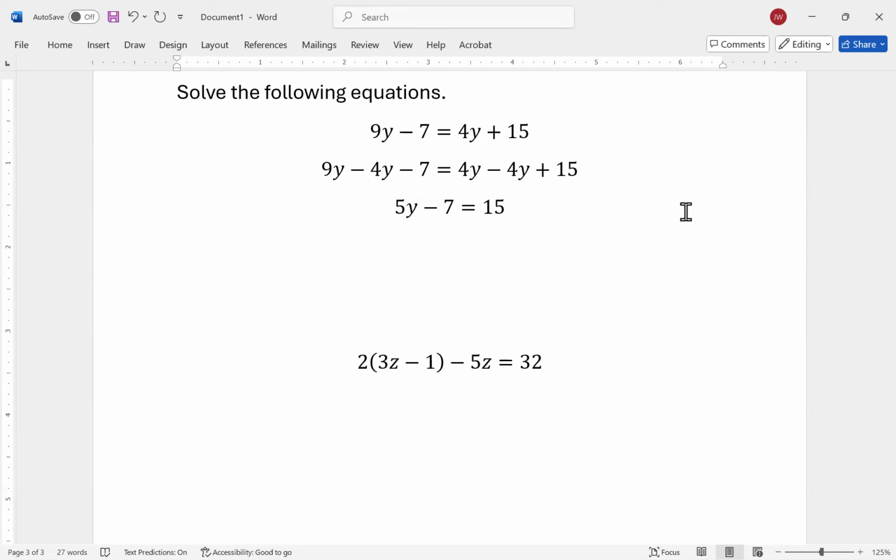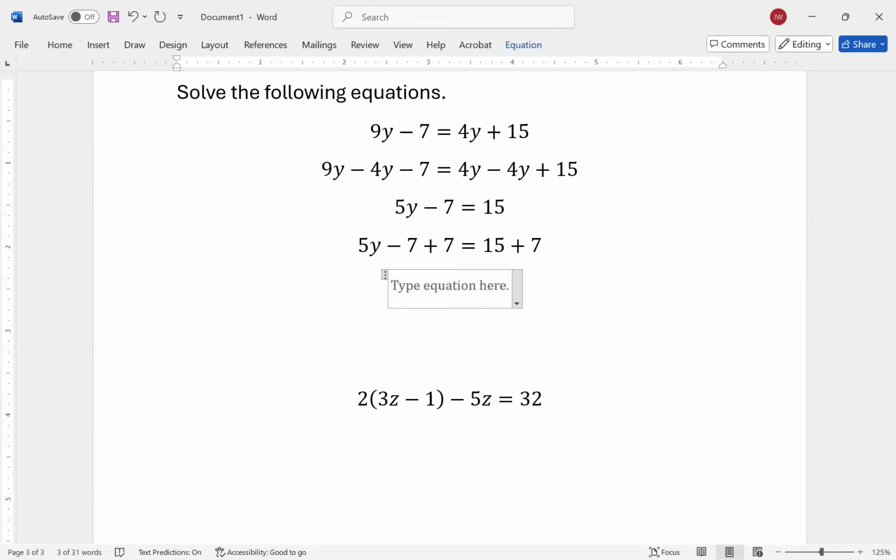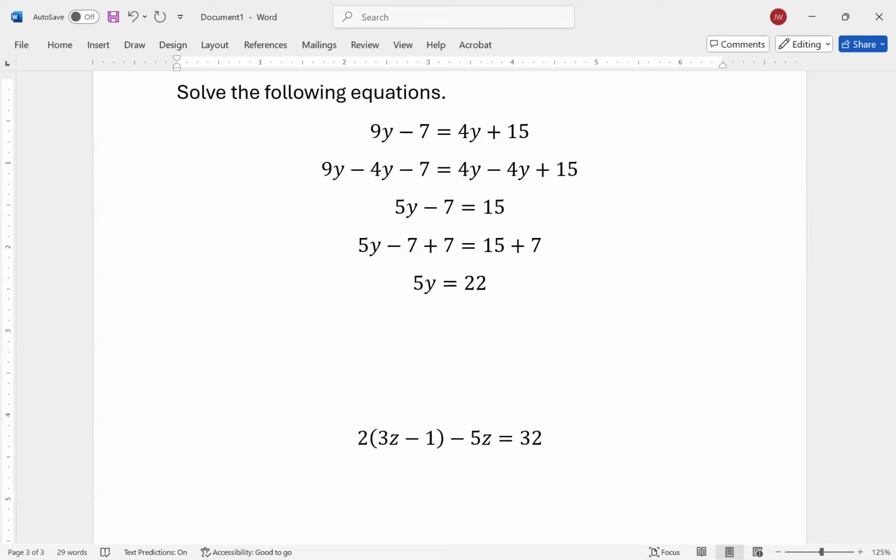Then I would add 7 to both sides. 5y minus 7 and then plus 7 on the left-hand side. On the right-hand side, 15 plus 7 will give me 5y is equal to 22. Then divide both sides by 5. If I divide the left-hand side by 5, I get 5y over 5. On the right-hand side, I get 22 over 5.